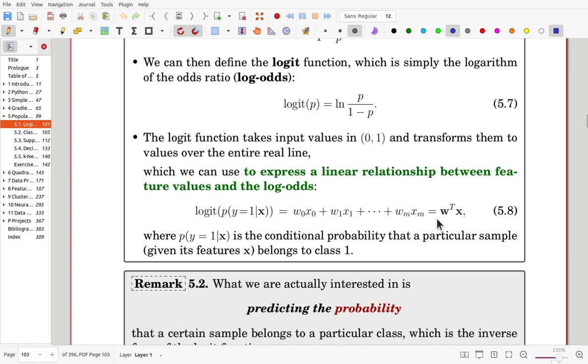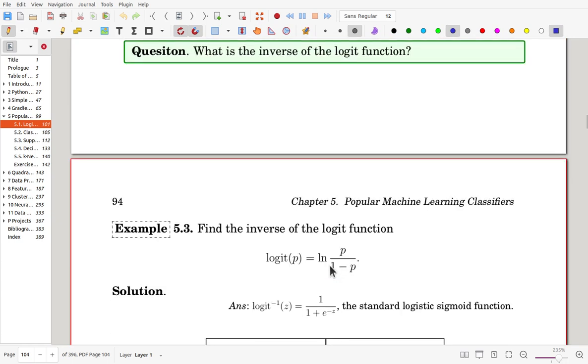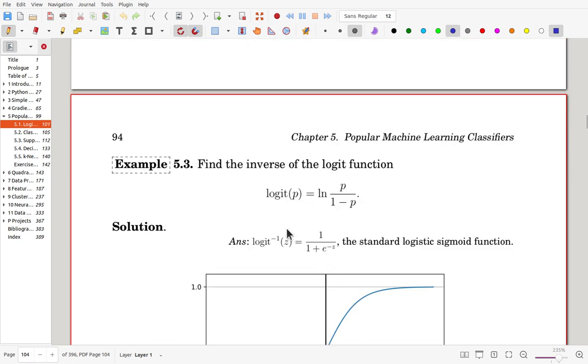Then in machine learning, what we want to know is the probability, so by taking the inverse of logit, we can write in this way. The inverse of logit applied to the net input will become the probability. That's what we actually want to know. So we have to find the inverse of the logit function. It's quite easy to get it.